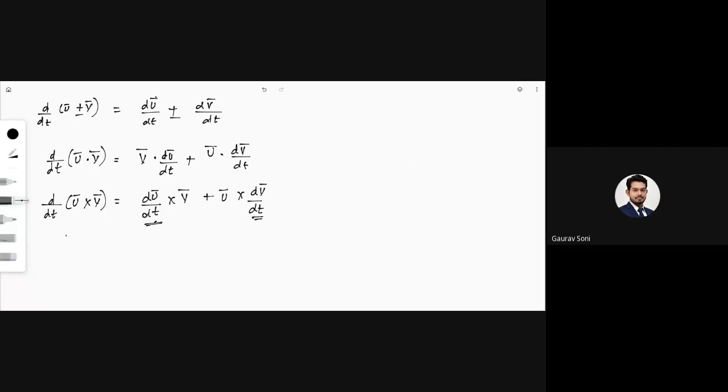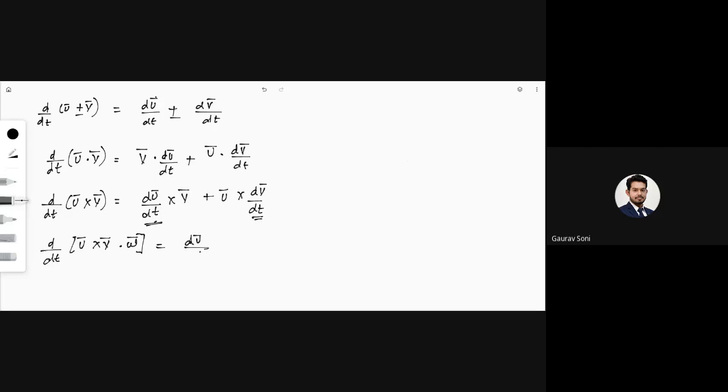So next property, d by dt of u bar cross v bar dot w bar. This is the box product of three vectors, and I'm taking the derivative of it. Again, order is very important.